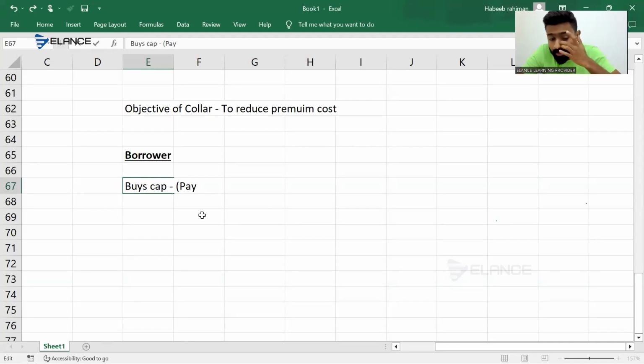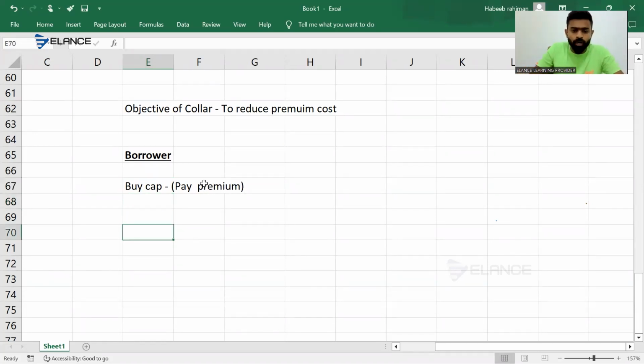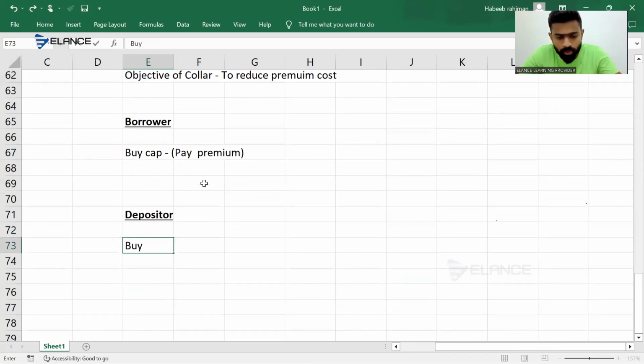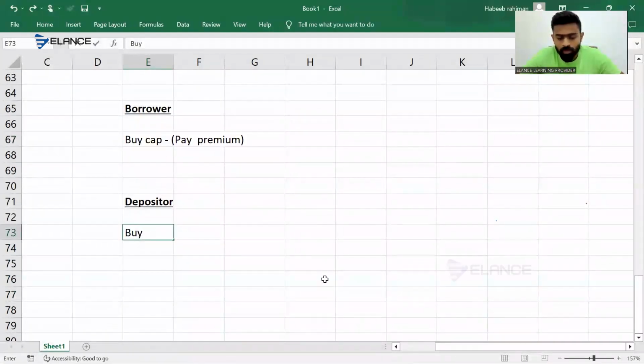Since it's an option, they have to pay premium. Similarly, for a depositor, which will they buy? They will buy floor.